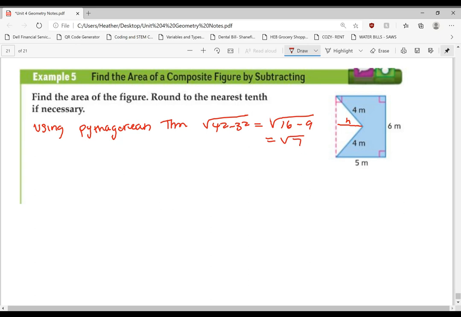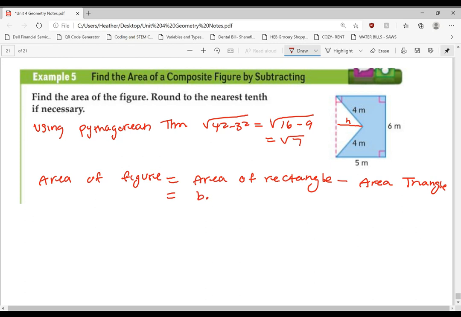So that means the area of the figure is equal to the area of a rectangle minus area of a triangle.